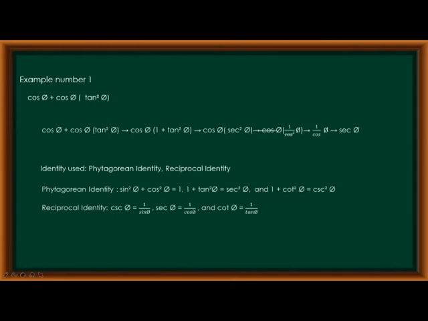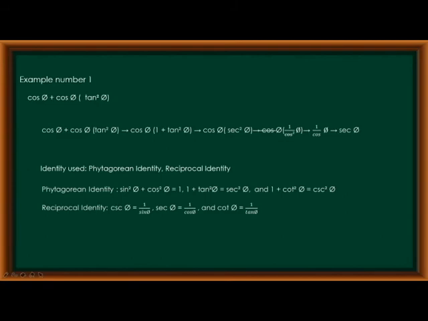So cosine theta multiplied by 1 plus tangent squared theta is equal to cosine theta multiplied by secant squared theta. So the next thing that we're going to do is to use the reciprocal identity. So secant squared theta has the same value as 1 over cosine squared theta. So cosine theta multiplied by secant squared theta is equal to cosine theta multiplied by 1 over cosine squared theta.